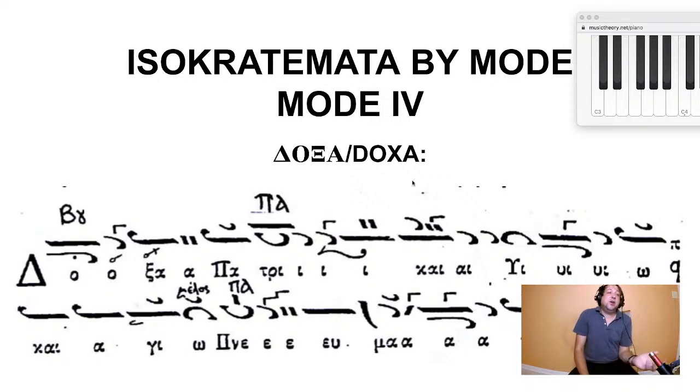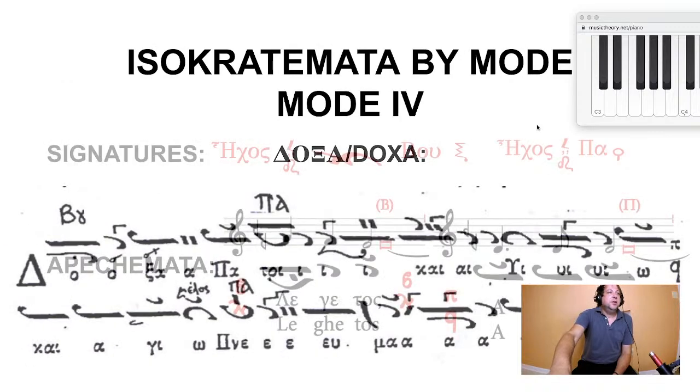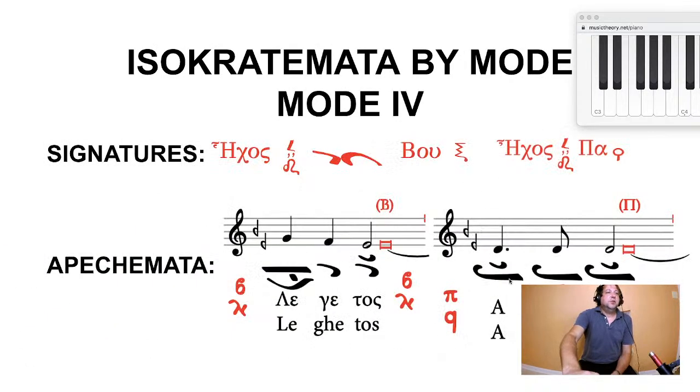And depending on what century the score is from, the music might end on any number of notes, but it will typically end either on ba or vu. Sometimes it'll end on di, though. I've seen that. Anyway, so the apihima, however, for this one is on ba.